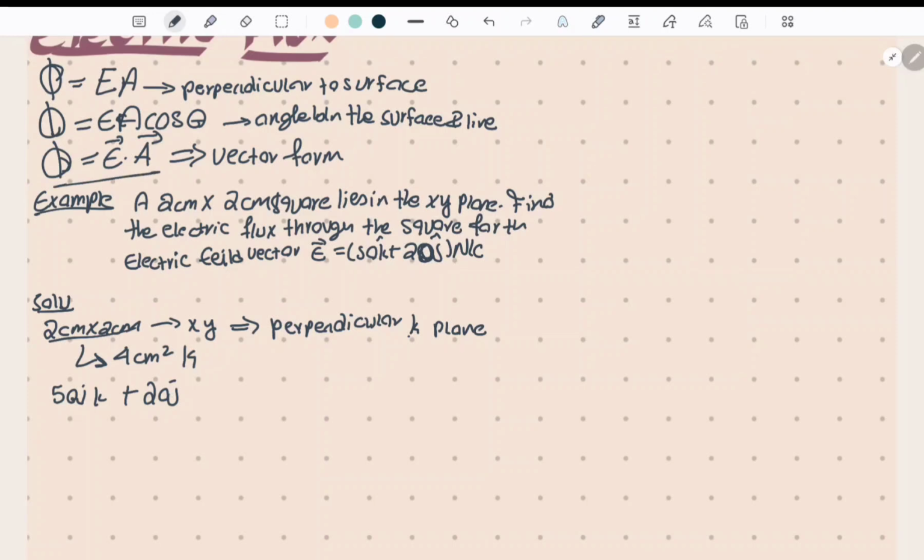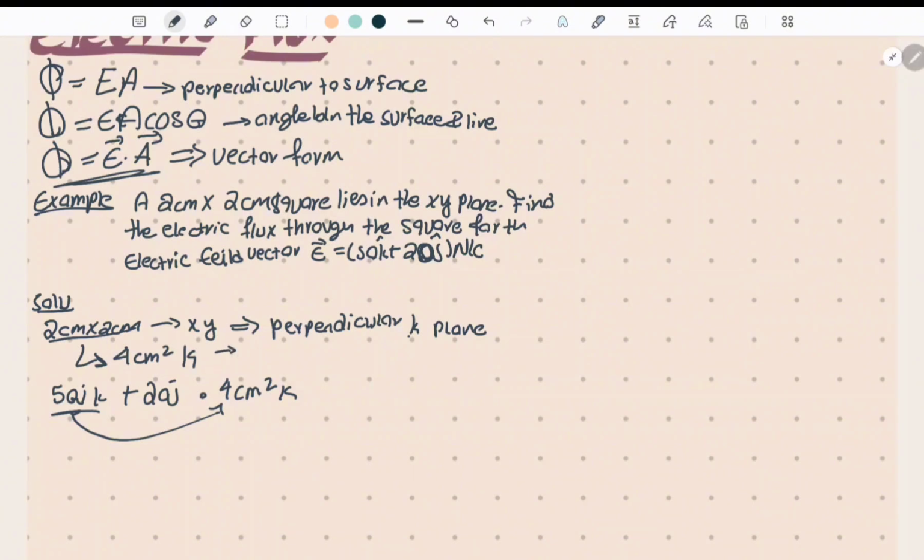Like we used in the vector form, you just need to find the dot product. If you haven't, please check out my dot product video. It's really good. It will explain everything I'm doing here. This k will be multiplied by this k, so 50 times the area. By the way, this is in centimeters, guys.